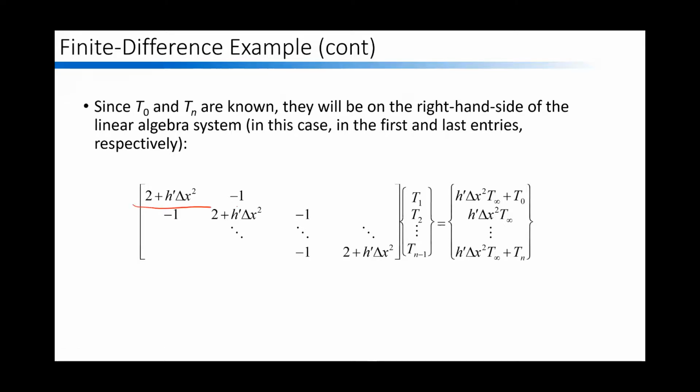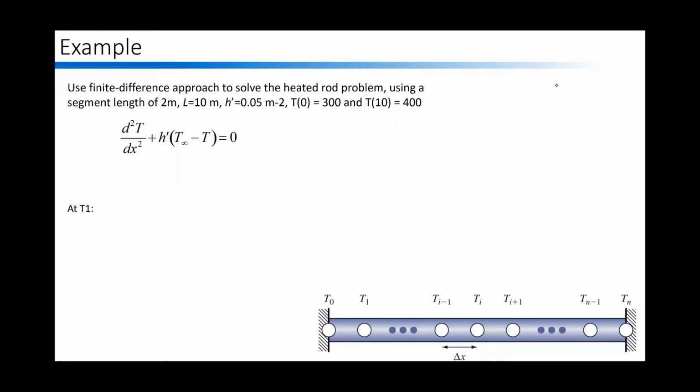So here I have those equations written out in matrix form with my different temperatures arrayed here, and the right-hand side of those equations over here. Knowing, of course, that because T0 and Tn are known, those are the boundary values, we can satisfy this problem. So then it just goes back to being a linear algebra problem, which we spent quite a while discussing.